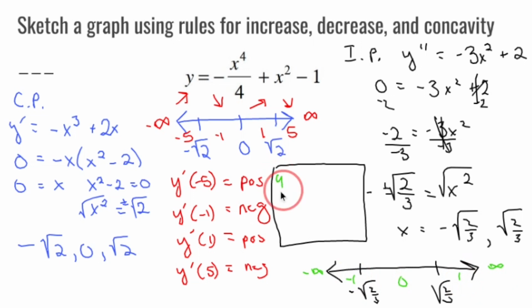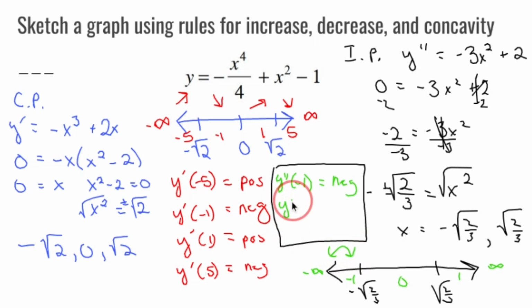So when I find the y double prime of that number, it'll tell me if it's positive or negative. If it's positive, it's concave up. If it's negative, it's concave down. So if I plug in -1 to y double prime, I'm going to get -3 times -1 squared. So -3 times 1, -3 plus 2 is negative. So right here we have concave down.